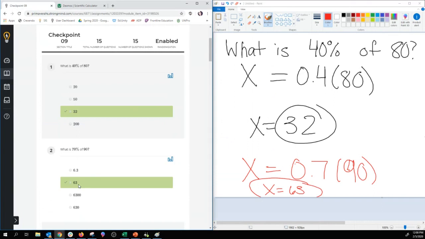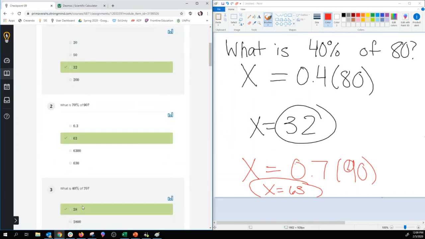So this answer is going to be 63. The biggest thing you have to remember when you're doing these problems is to change your percent to a decimal.